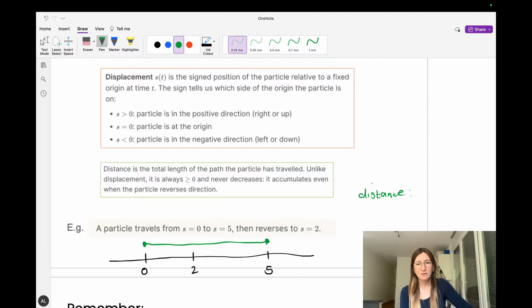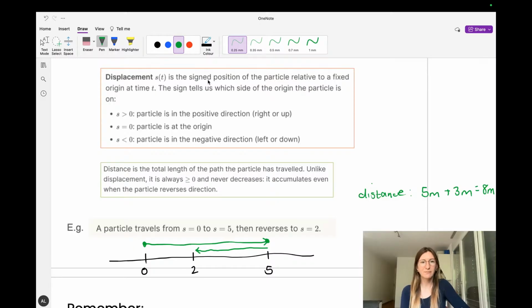I've traveled from 0 to 5, so I've gone 5 meters. And then I reverse to 2, so I've gone back this way to 2. Well, I've traveled another, sorry, 3 meters, even if it is backwards. So that means I've traveled 8 meters in total.